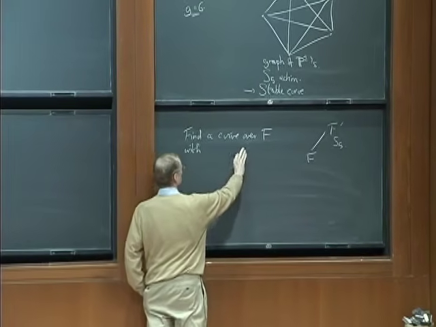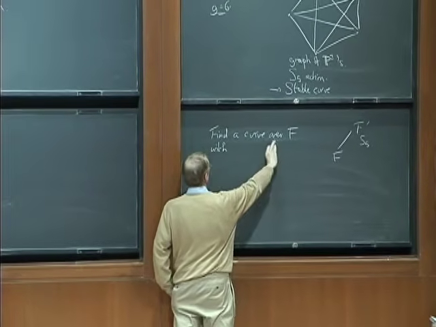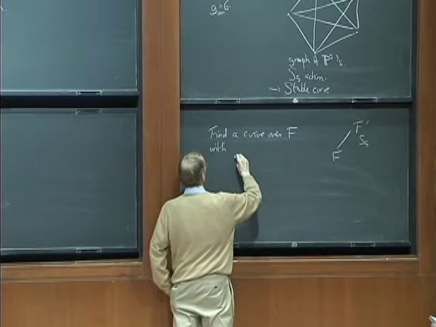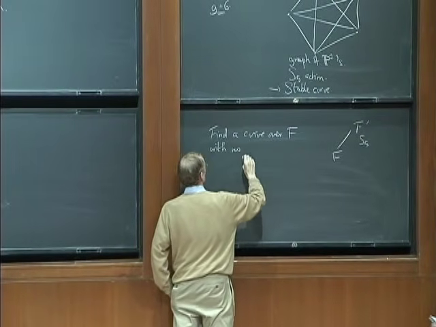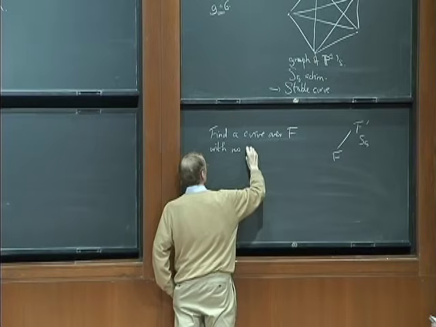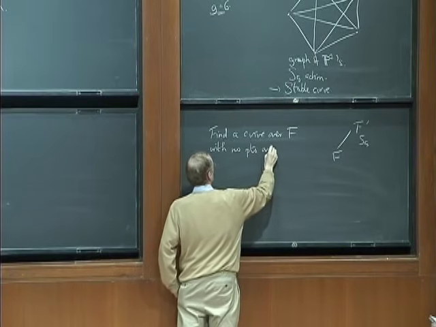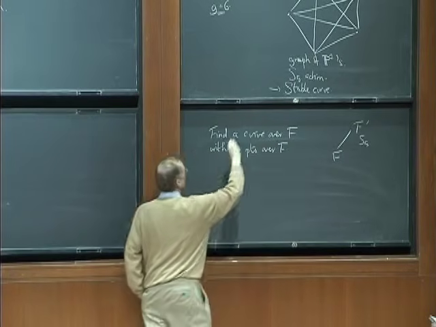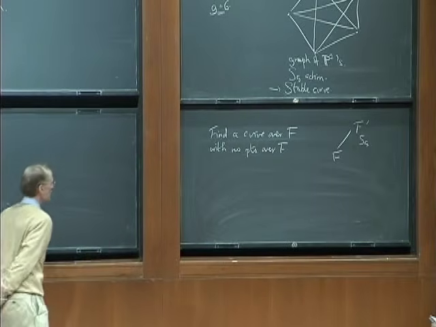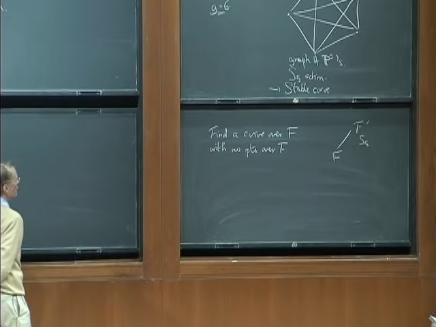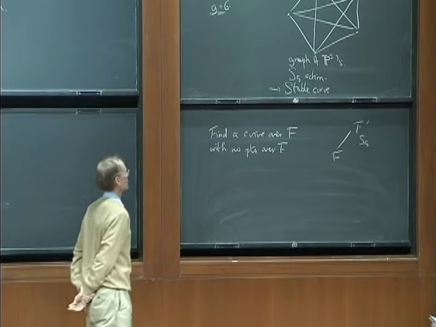But you find a situation where it does. Find a curve over F then with no points over F, by taking such a graph over F' and putting on the Galois action and descent.